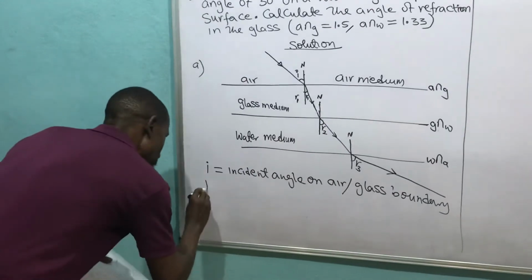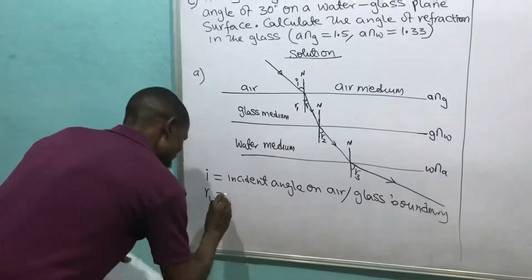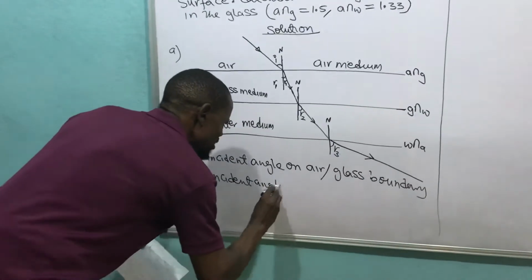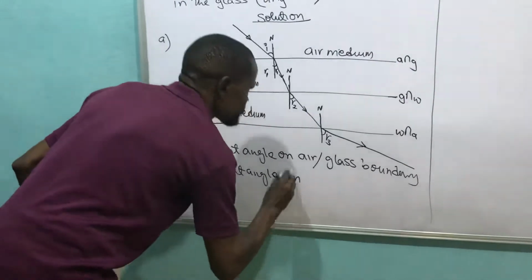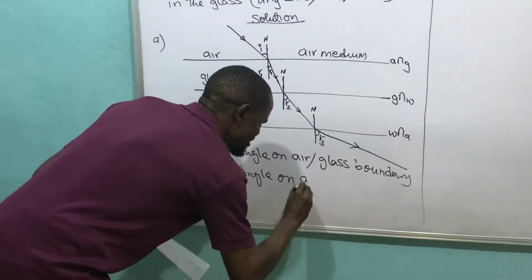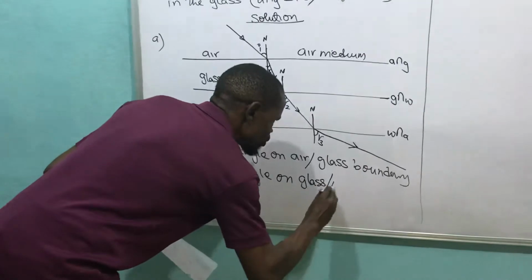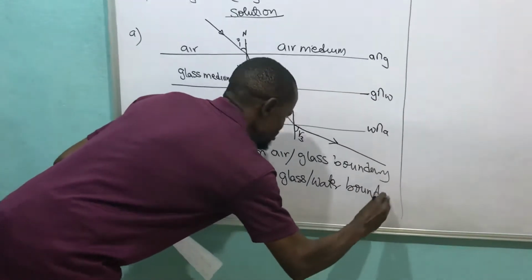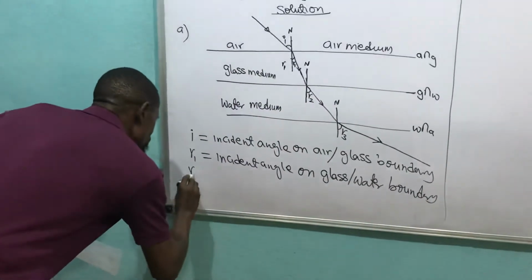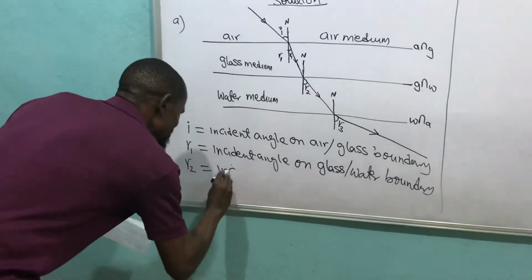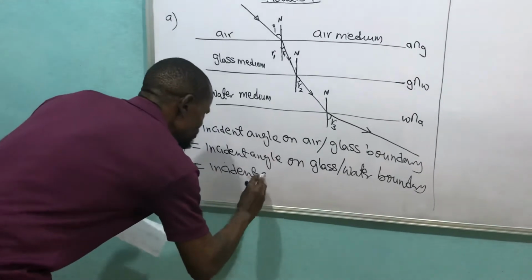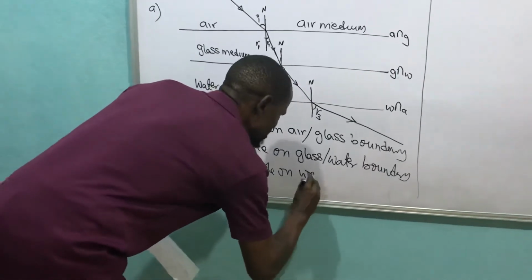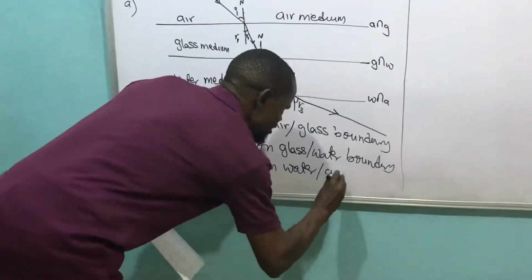Then again, R1 is equal to the incident angle on the glass/water boundary. You get? Then R2 is the incident angle on the water/air boundary.